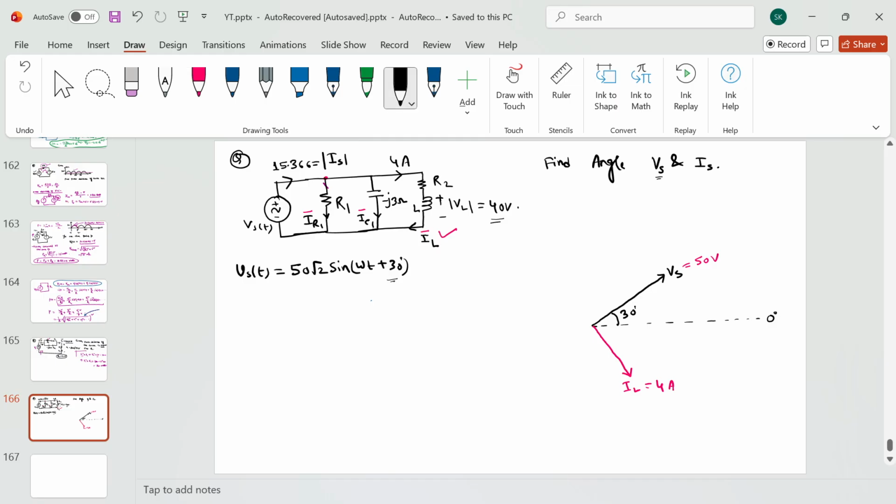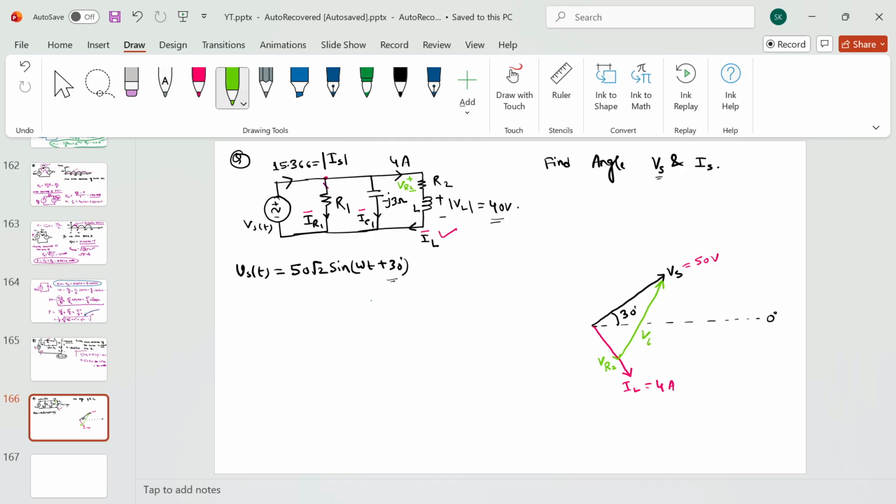In this IL phase, if I draw the voltage, this is my VR2, the voltage across R2, so that will lie in this phase, and the voltage across this inductor, VL, will lead the current by 90 degree, right?